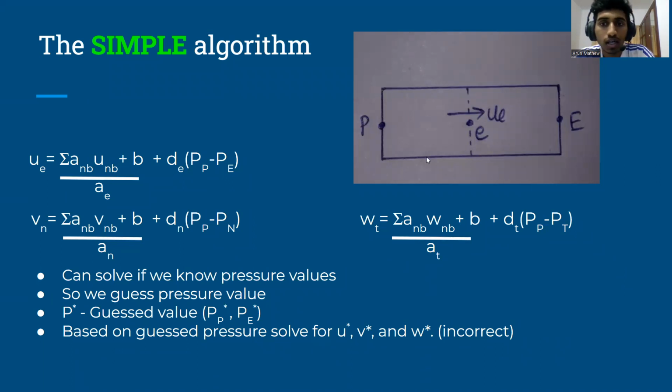So you can see a flow field. This is the P node, this is the E node, and this is the velocity in the x direction. It will be stored at the E face in a staggered control volume. We know that we can write aE uE as the summation of a_nb u_nb plus the source term.